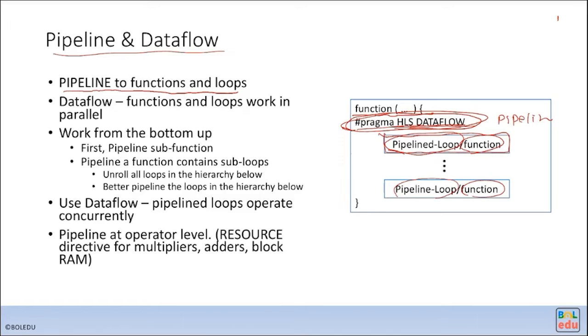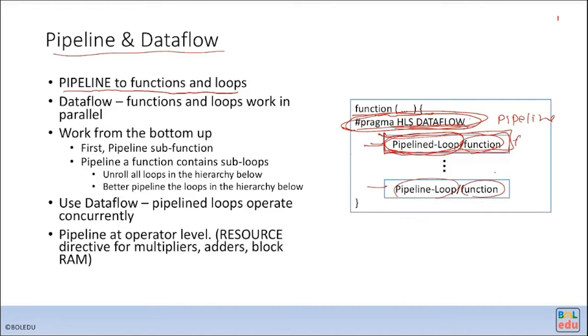So it's better to use a data flow. So you use a data flow here, and all of this will work in parallel. Here that could be the function, so all the functions will work in parallel. And also, if there's a loop, the loop has to be pipelined.